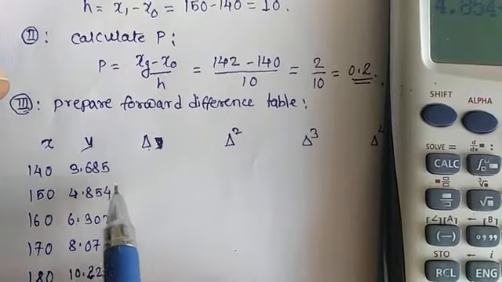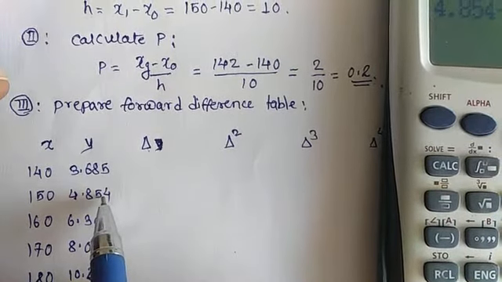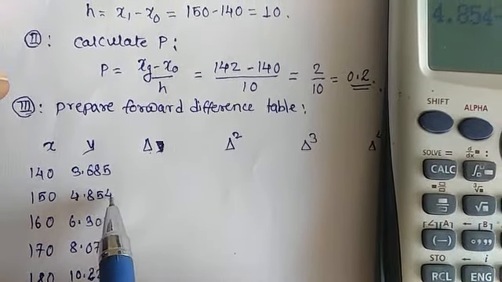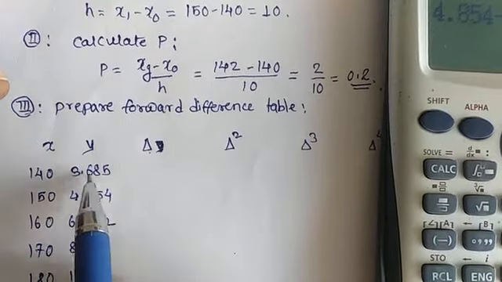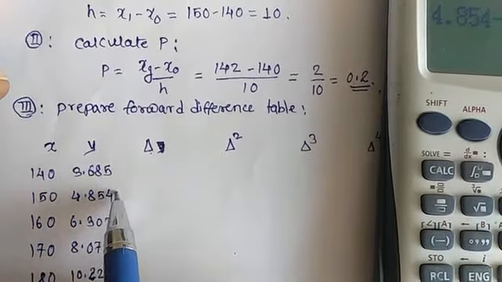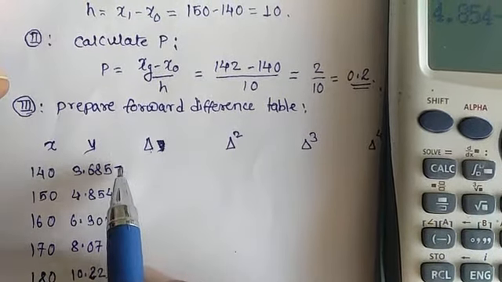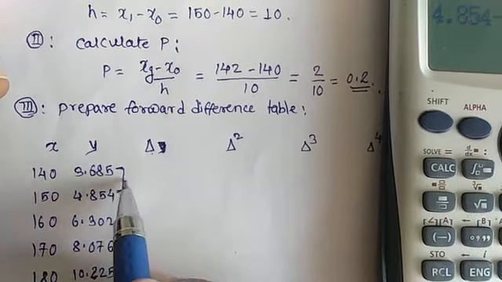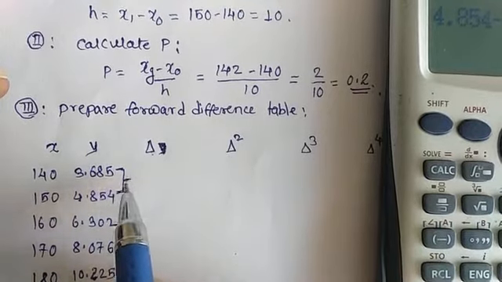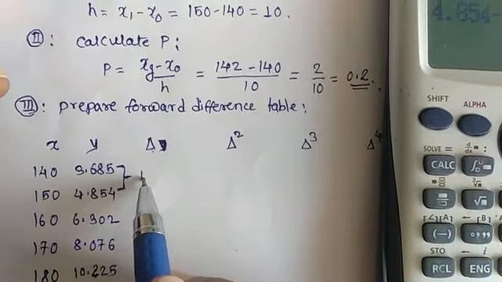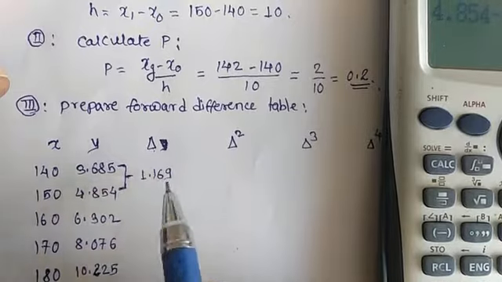Now for the forward difference, when you write the first difference, the difference of the first two values, you write it in the center of both. So the first difference is 1.169.